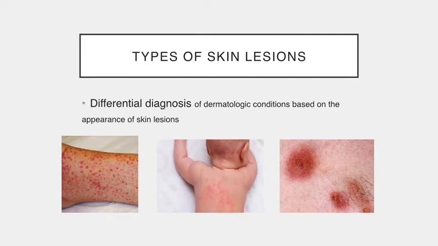There's also some conditions like psoriasis, for example, that you may be seeing the person in primary care. By the way, that's something that I always tend to refer because there's some underlying conditions. And now with some of the new injectable medications and so forth, you really want those patients to be seen by dermatology. But we're not going to talk about treatment and plans in here. We're really just talking about diagnoses.